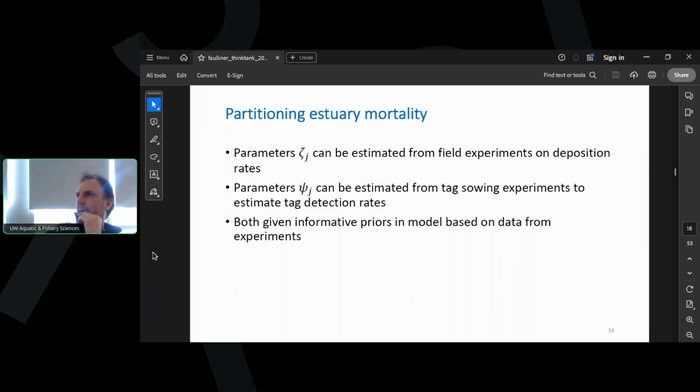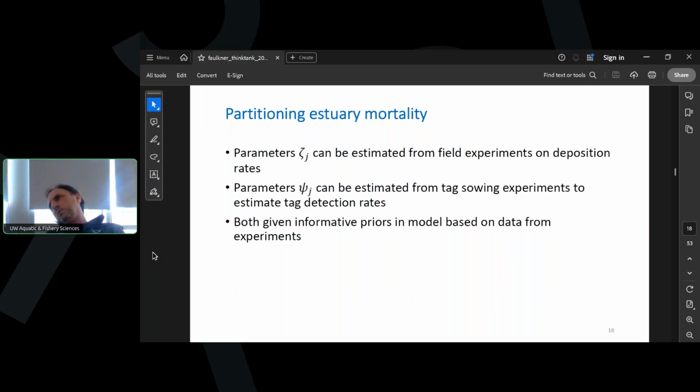It's not perfect, but then every season they go out and spread known tags out on the colonies that they're going to survey, and then go out and recover them at different times during the season, because there can be wind and waves and stuff that wash them away, and so on.